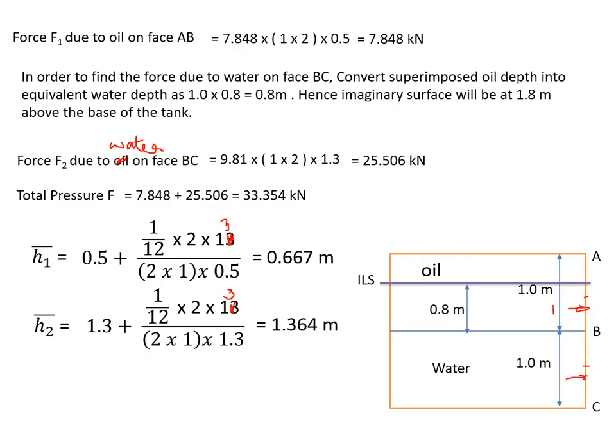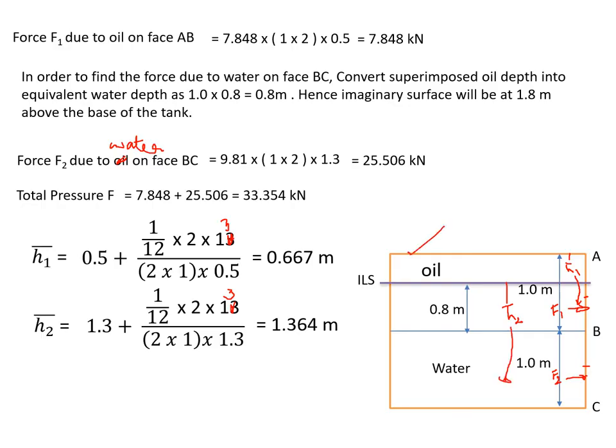So this is F1, and this is F2. So for F1 this was H1 bar, and for F2 this was H2 bar. So now I need the position of F from this surface. So let me calculate from this surface.